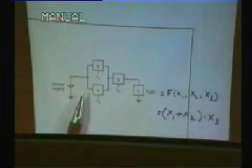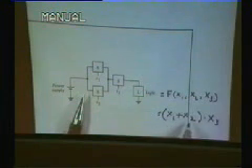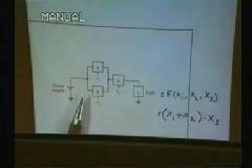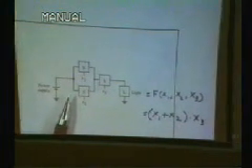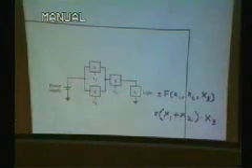Because x3 has to be equal to 1 and at least one of x1 or x2 has to be equal to 1, right? Okay.